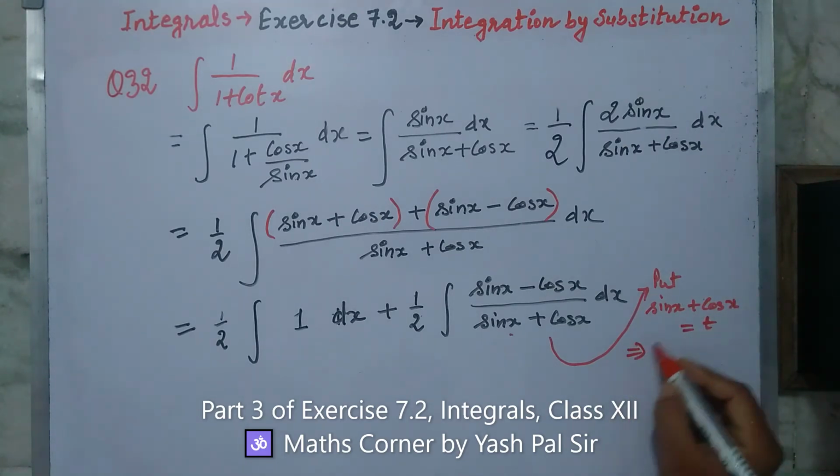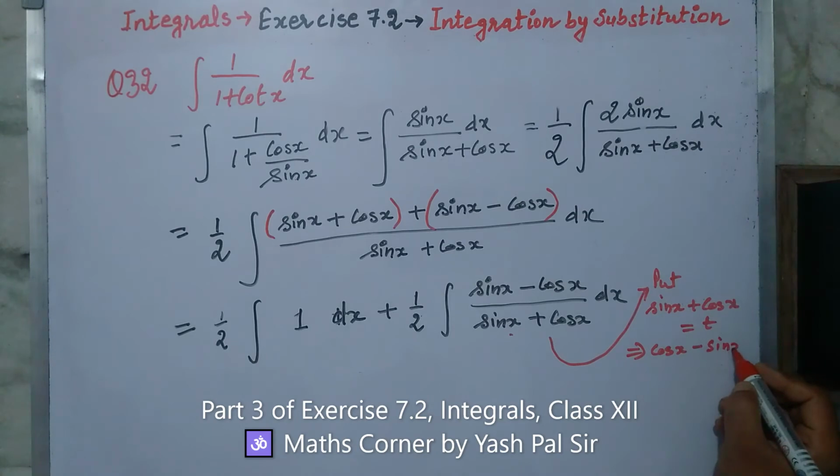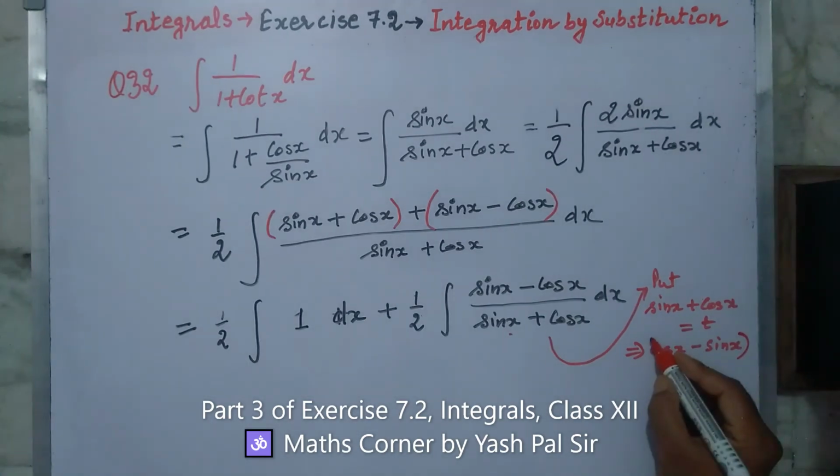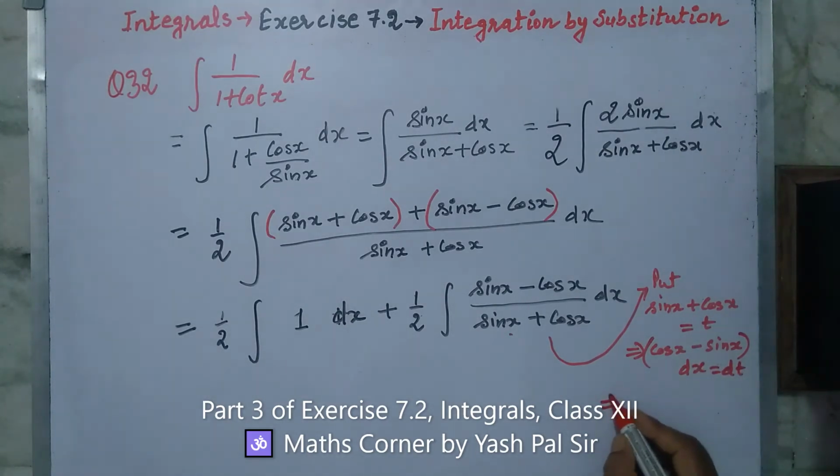That means the derivative (cos x minus sin x) into dx is equal to dt. So dx is equal to dt upon (cos x minus sin x).